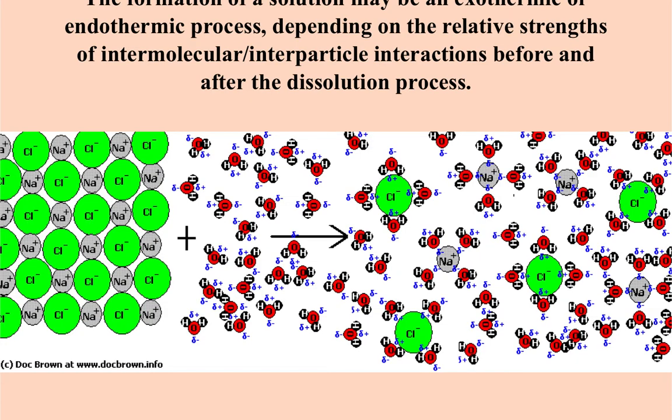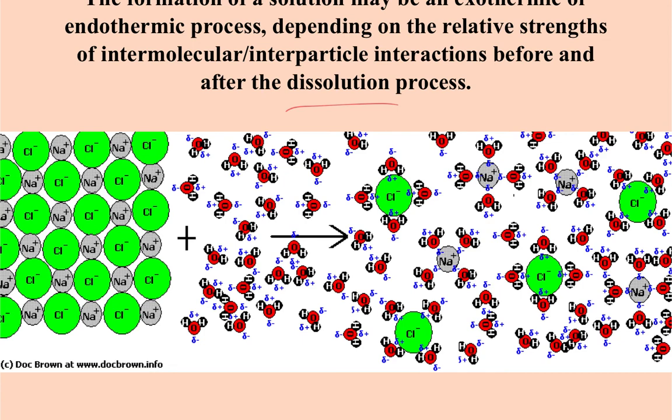So the formation of these solutions can be exothermic or endothermic. It depends upon the relative strengths of those intermolecular forces and particle attractions that happen, and this is usually affecting the dissolution process, or that's the fancy term for dissolving process.